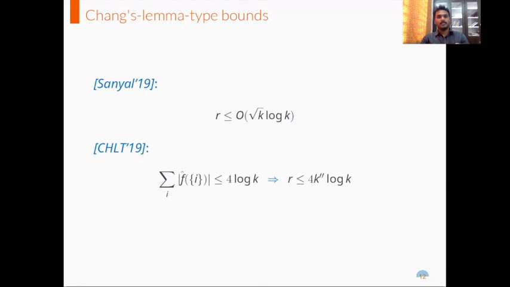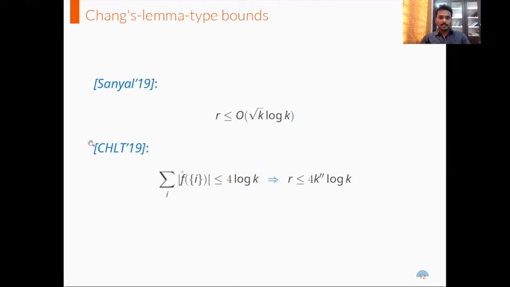There are other bounds which are like Chang's lemma bound. They also give an upper bound on rank. One interesting such bound is by Swagato Sanyal, one of the co-authors of this paper. He showed that rank is upper bounded by square root of k log k.